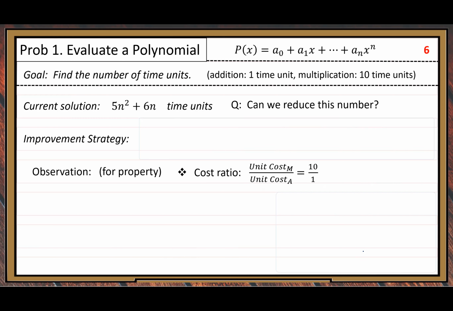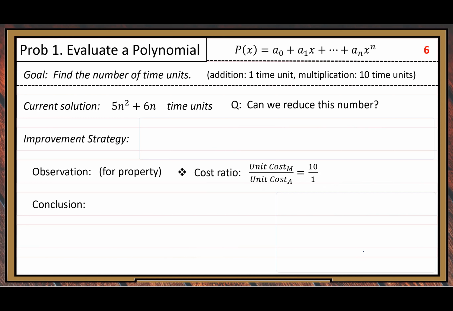First, let's look at the cost ratio. The cost of a multiplication operation versus addition is a 10-to-1 ratio. Then, from the total response time, a very big part of the response time is used for multiplications.